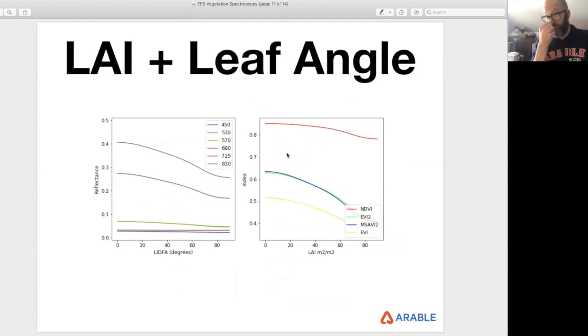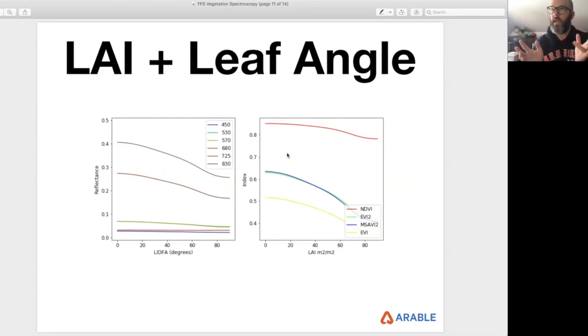So this is an interesting one, leaf angle. I went deep into leaf angle during my dissertation. What's the difference between a corn plant and a soy plant and a wheat plant and a canola plant? Is NDVI identical for all of these?